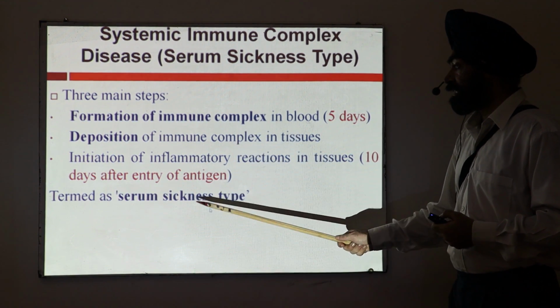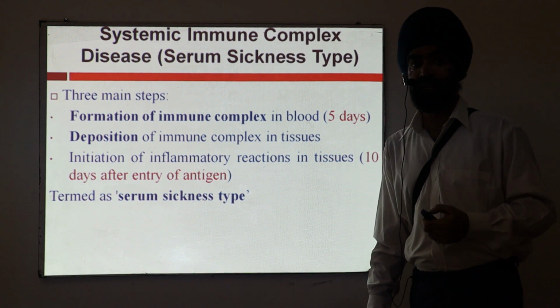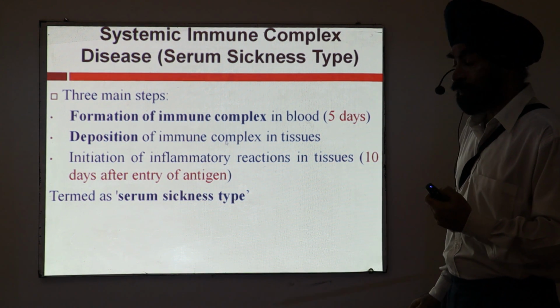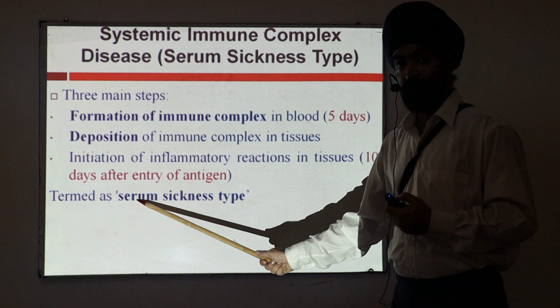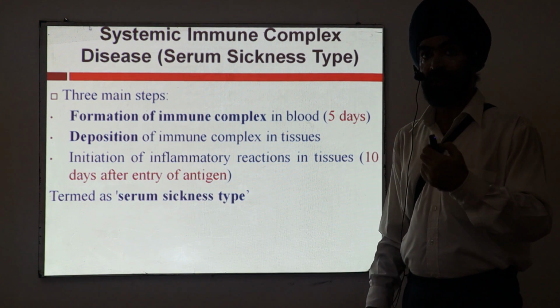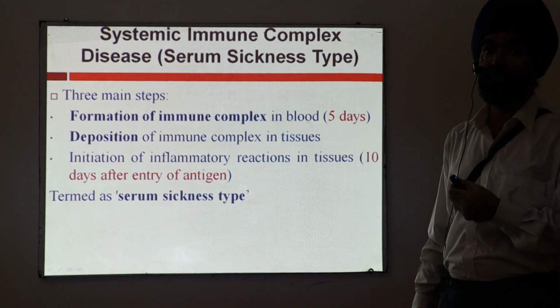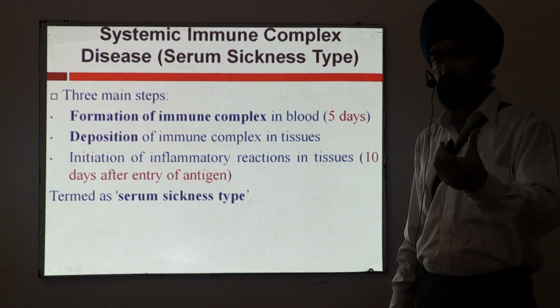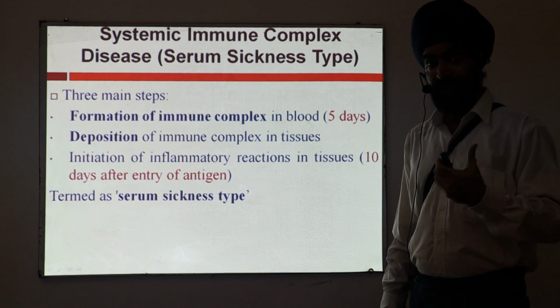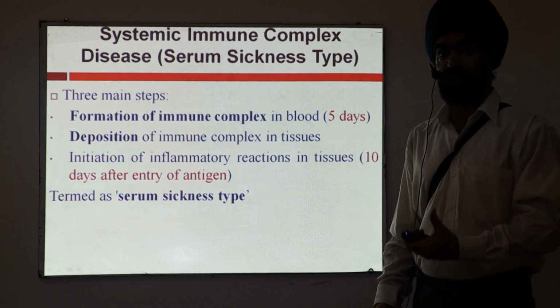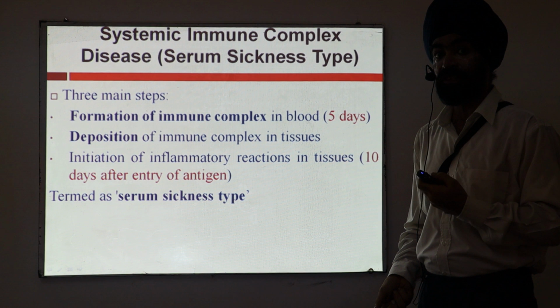And it is called serum sickness type. Why is it called serum sickness? So if you understand the name serum, you understand it is a way of giving passive immunity. It is a type of passive immunization. When you take out the serum, which contains antibody, and give it to some person so that the immune system is activated, that is passive immunization.